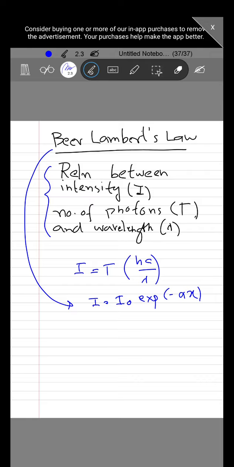Alpha is the absorption coefficient, that is, the light when it gets absorbed has an exponential relationship, governed by the parameter absorption coefficient, and its unit is length inverse.